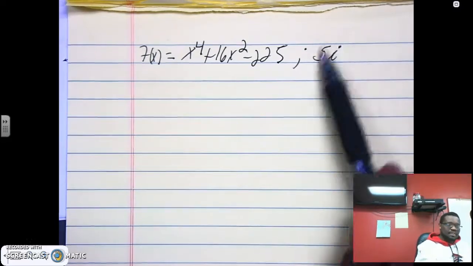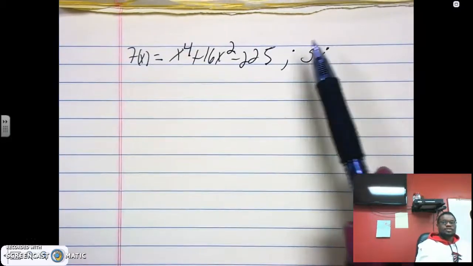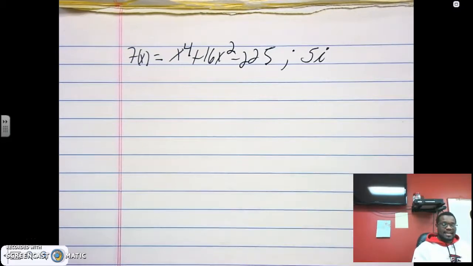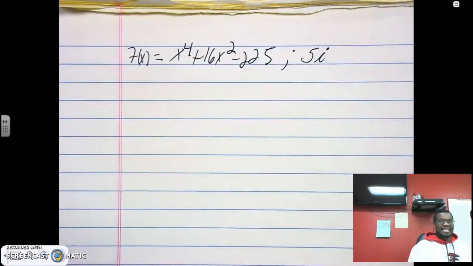The zero that they gave me is an imaginary number. And there's a rule that says that anytime you have an imaginary number as a solution, its conjugate, they call these complex numbers, by the way, its complex conjugate is also a zero as well.